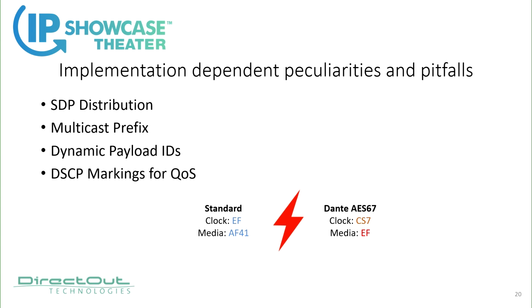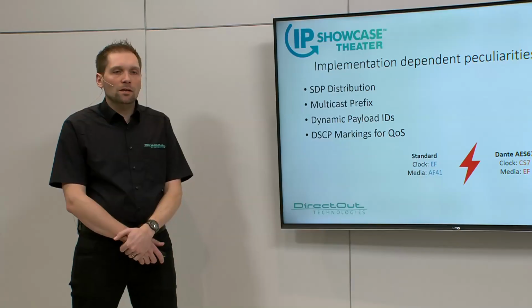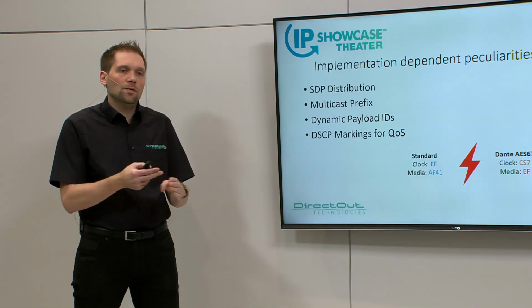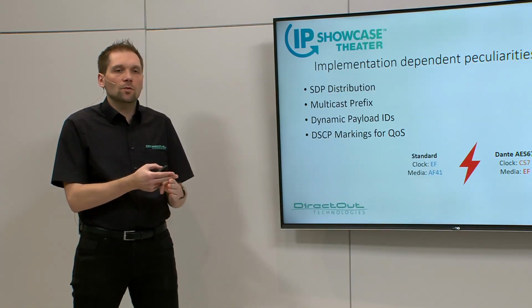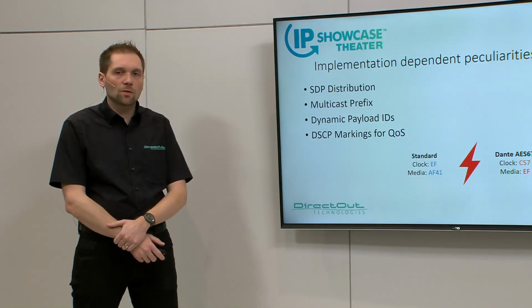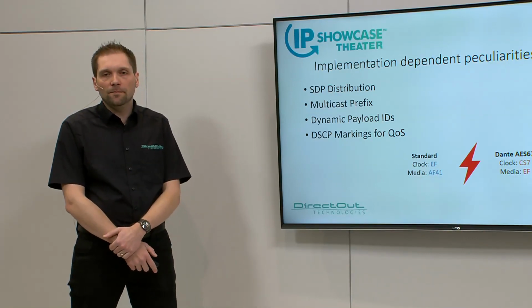So what could happen is, if you have an AES67 network with AES67 mandatory standard devices that use EF and AF41, and you add a Dante AES67 device, it will start streaming and it will interfere with the sync packets that end up in the same queue for the PTP. So this can degrade your PTP.